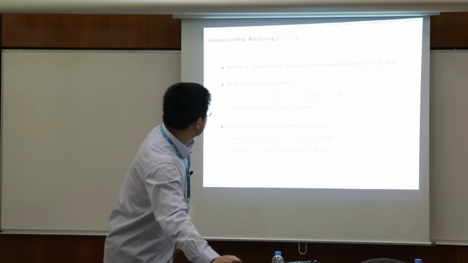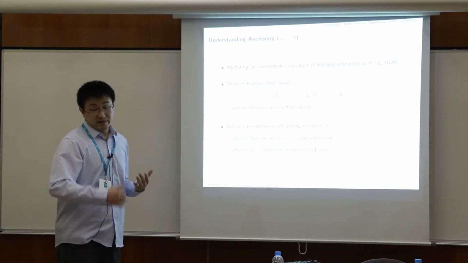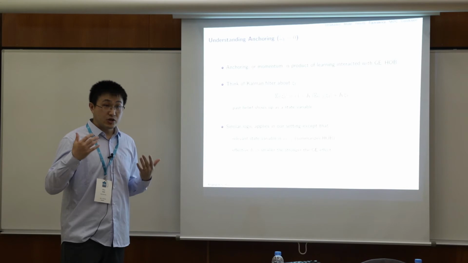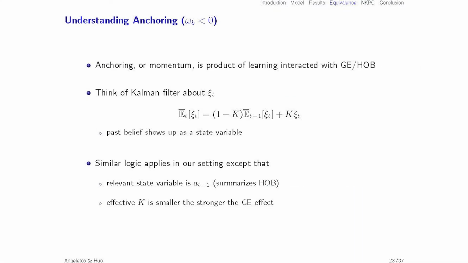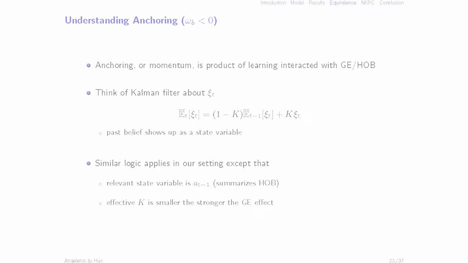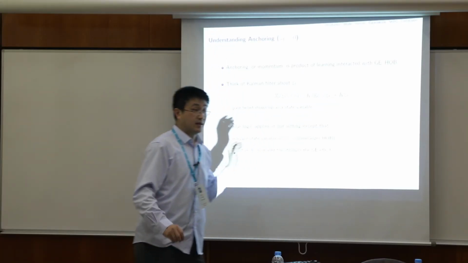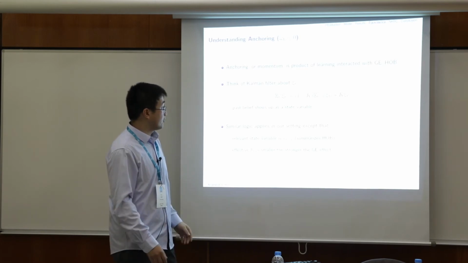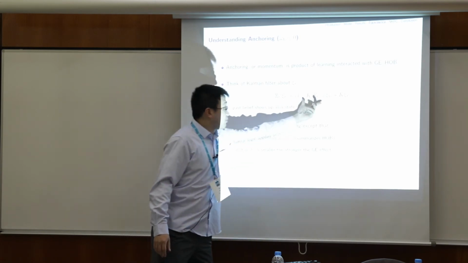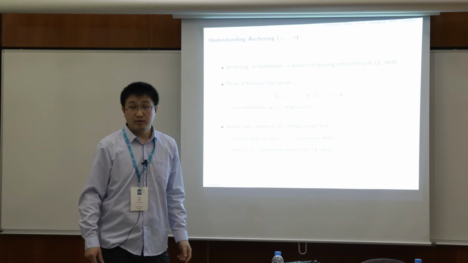Now think about this anchoring, why you have this last period a_t minus 1 showing up in the equation. The reason is, first think about the Kalman filter for forecasting the fundamental itself, c_t, the first order belief. The forecast rule is that my current forecast is going to be some weighted average of my prior about c_t and this new signal about c_t. This is the Kalman filter. So naturally, the past belief shows up as a state variable.